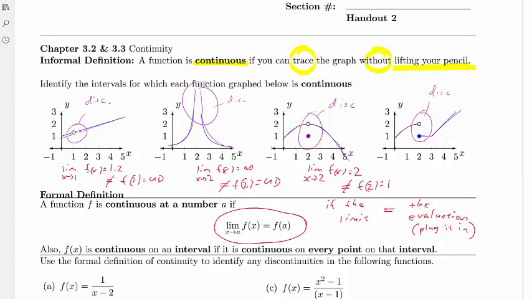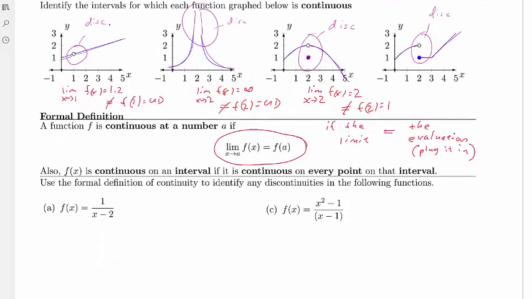So on this one right here, you don't even have a two-sided limit, so there's no way the function can be continuous. It will be what's called right continuous, because you can see it's got a solid point right there. We're going to get into that at the bottom of this handout. So for right now, we're just focusing on regular continuity.